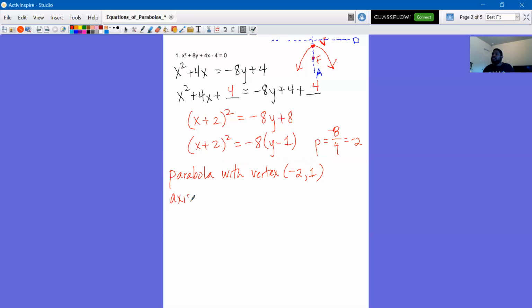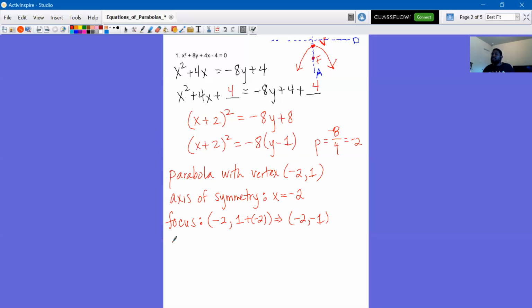My axis of symmetry is x equals -2. My focus is going to be -2, 1 plus -2, which gives me the point -2, -1.